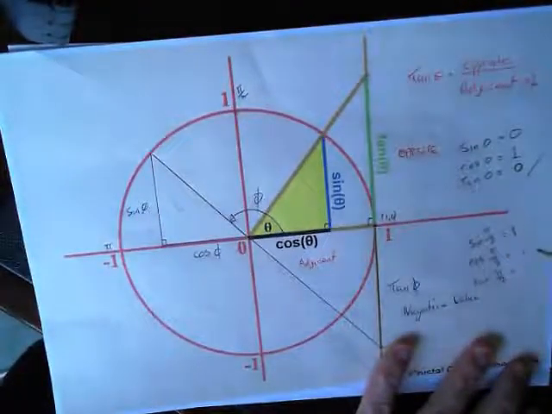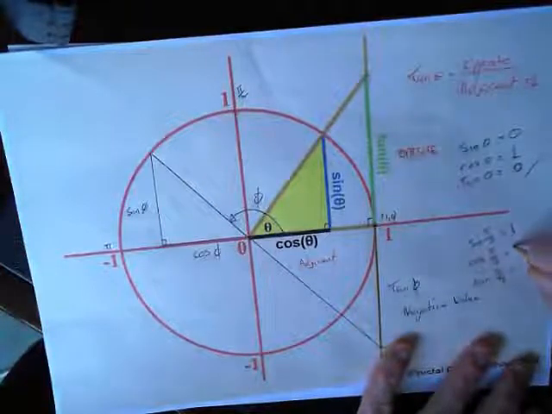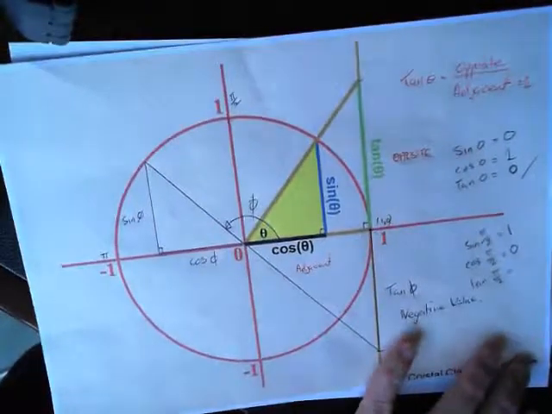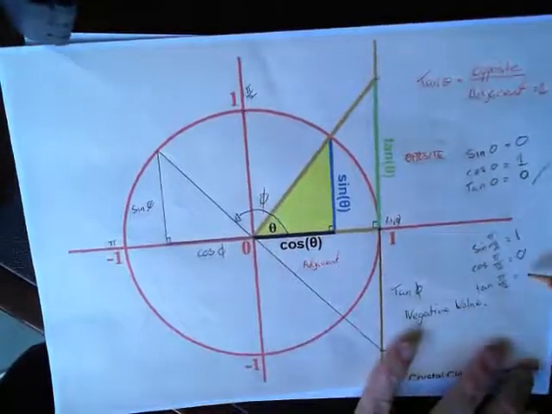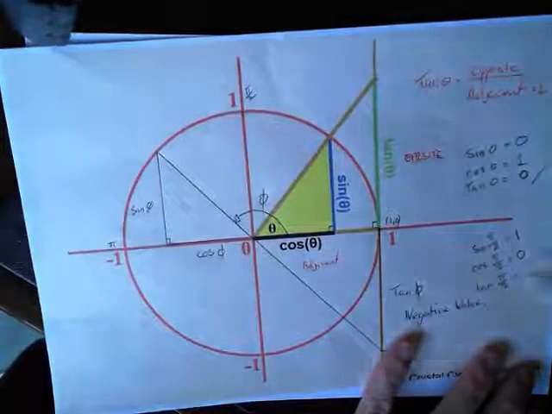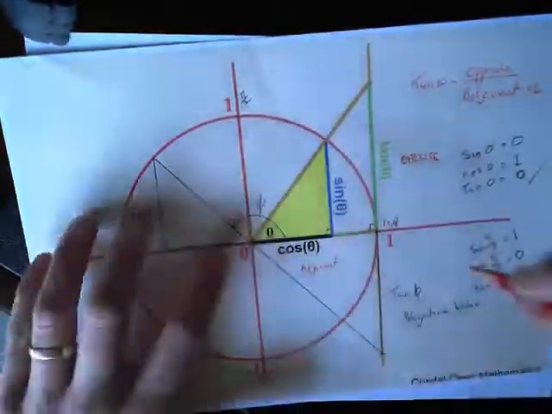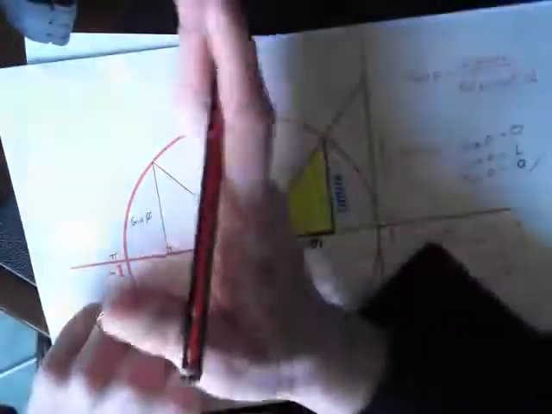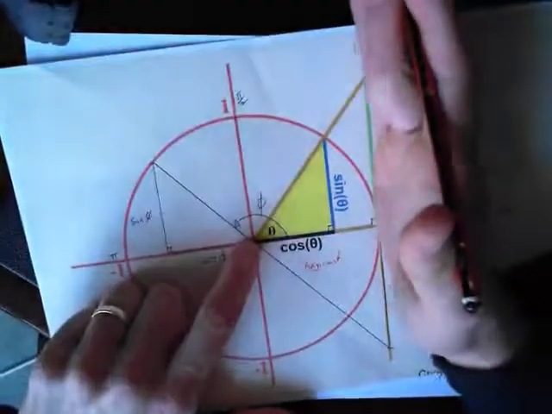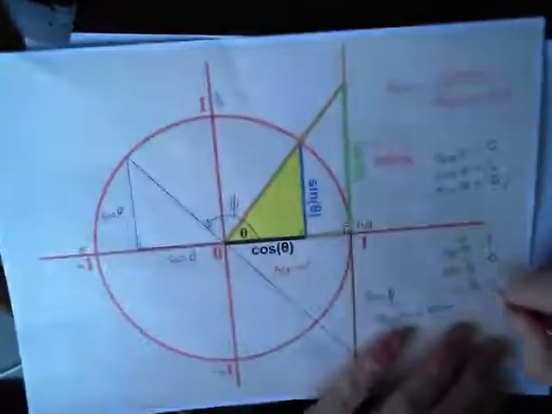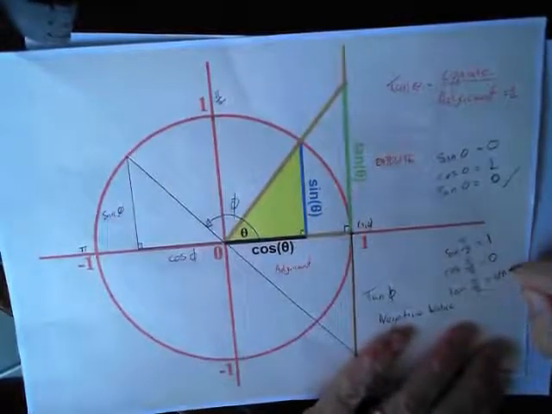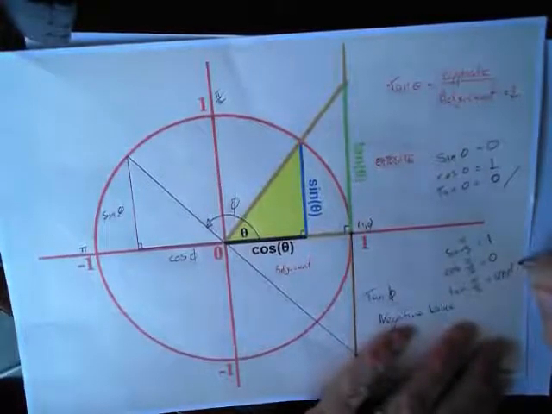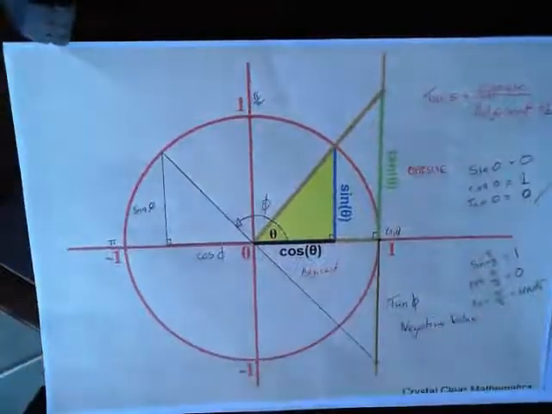The cos of 90 is 0, because there's no horizontal component. And the tan of 90 is actually undefined, because if you draw a line straight up, then it's parallel to the tangent line. So it's undefined, so we write UNDF for undefined.